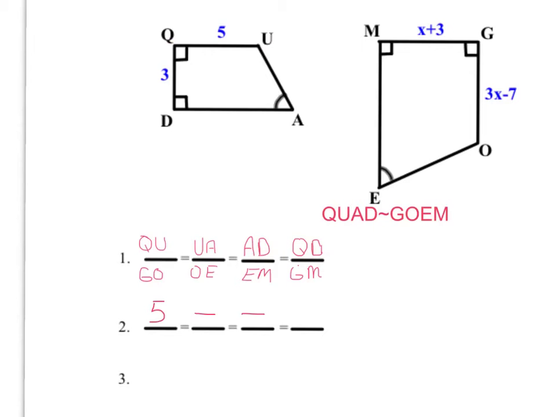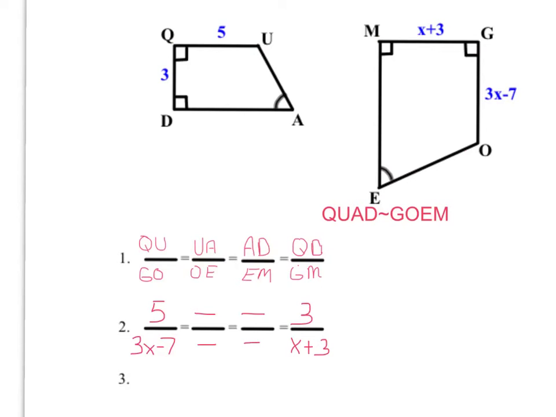And then QD is 3. Same on the bottom. I will follow all these statements, work my way around, starting with GO to OE. So GO is 3x minus 7. We do not have anything for OE or EM. And then for GM, we have x plus 3.